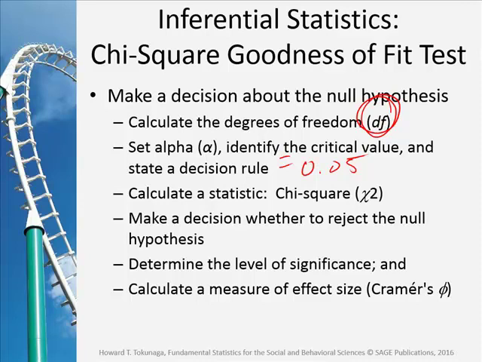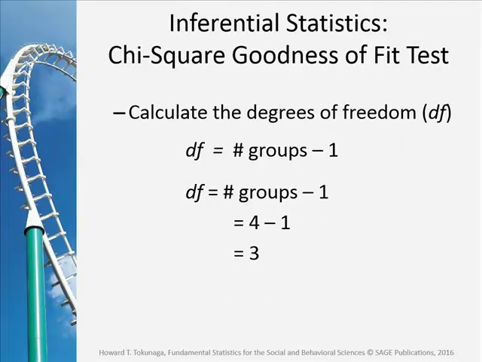We calculate the statistic. Decide whether or not to reject the null hypothesis by comparing the statistic that we calculated versus the critical value, level of significance. I don't really like Cramer's V or Cramer's phi, but I'll show it to you later.